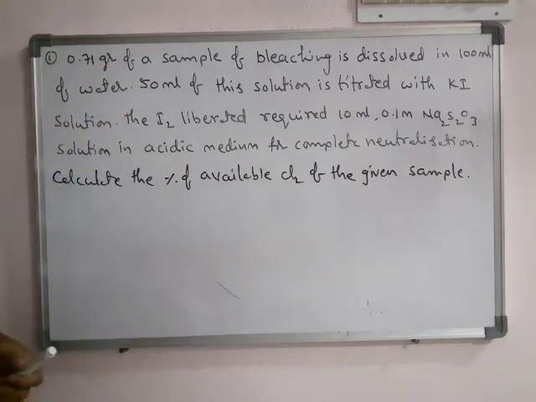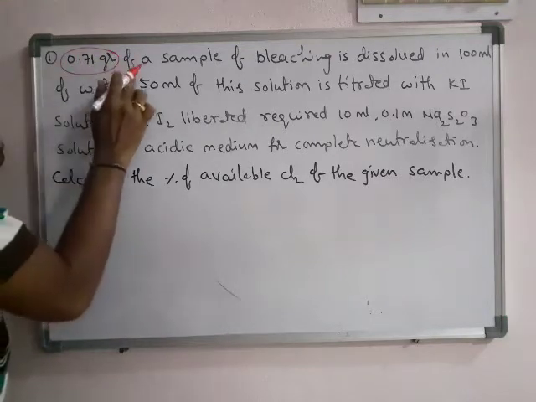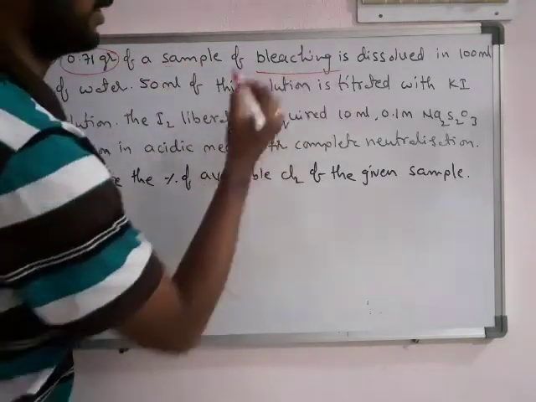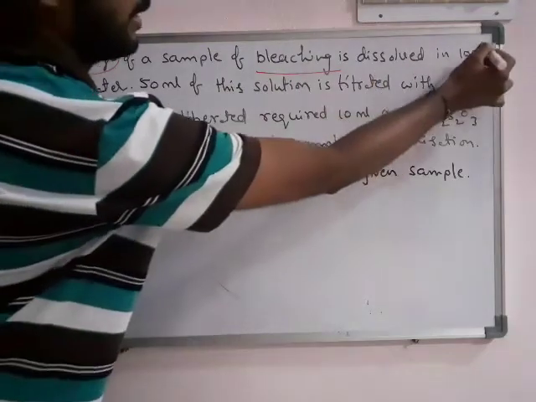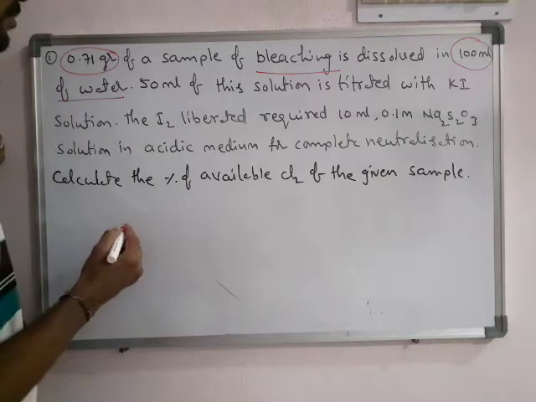0.71 gram of a sample of bleaching powder is dissolved in 100 milliliter of water to make a solution, so totally you get 100 milliliter of bleaching powder solution.